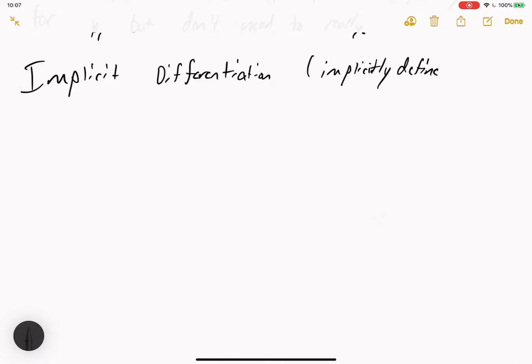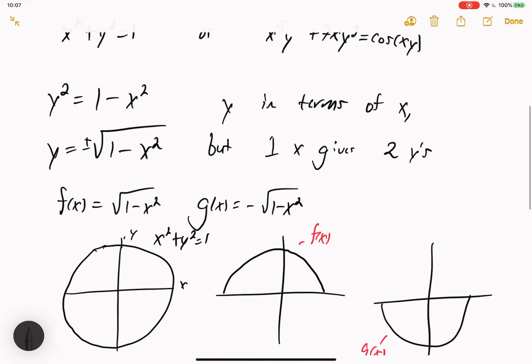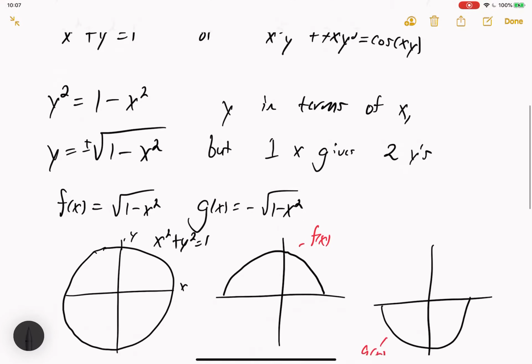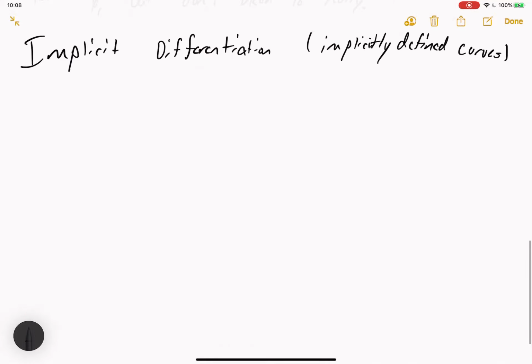I'll say implicitly defined functions, curves, whatever you want to say, but I typically like to say curves. Because technically, like a circle, you can say y depends on x, but typically this doesn't define a function, because if you look at this x value, you have two y values, so it doesn't pass the vertical line test. So I like to say curves.